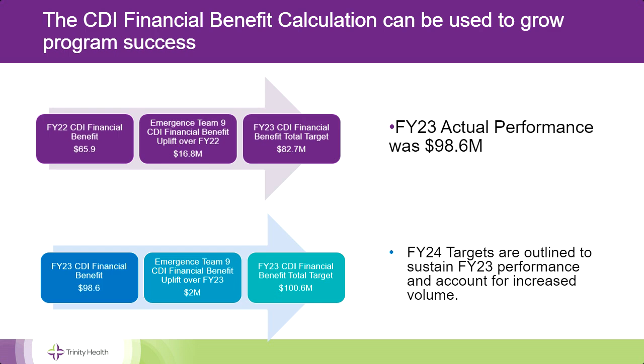And for those handful of sites that didn't achieve their targets, they needed to achieve their targets. So that represented about a $2 million uplift. So our total target this year is $100.6 million for our original sites. We've added some additional sites, so it's really $102 million. And as of the end of April, we were ahead of our target.